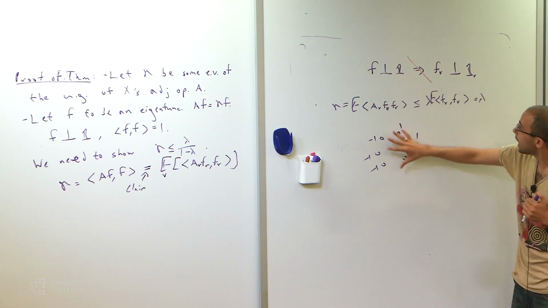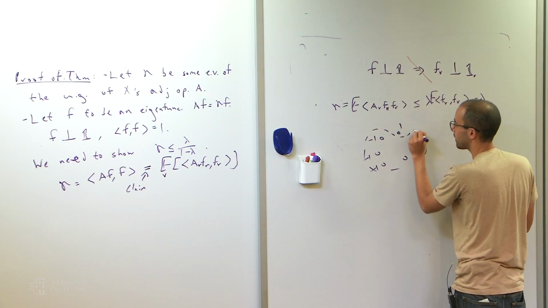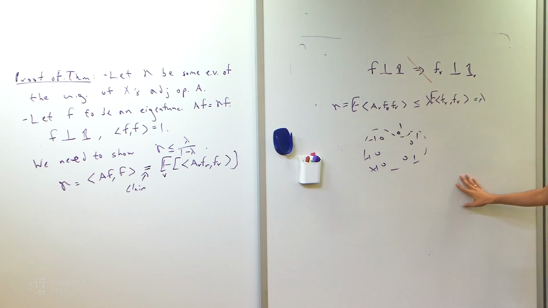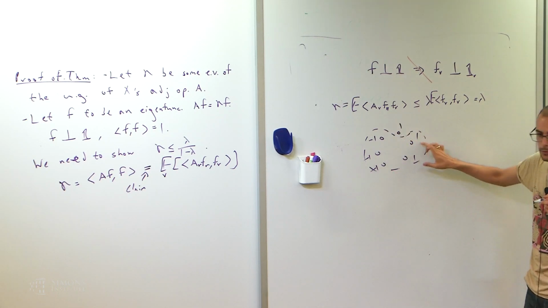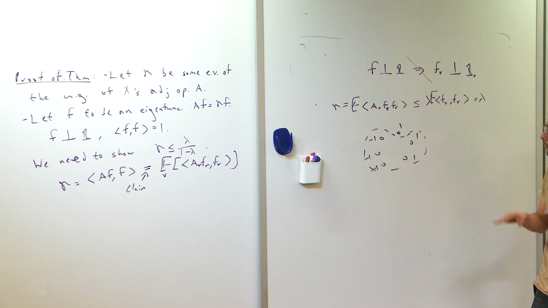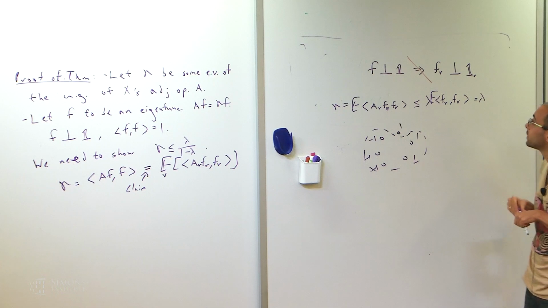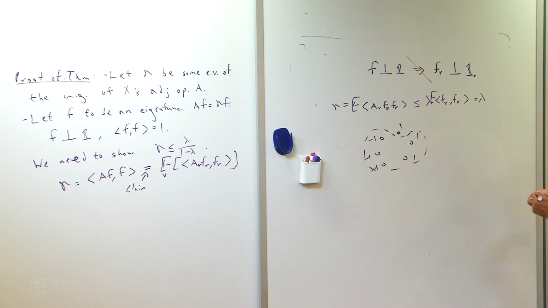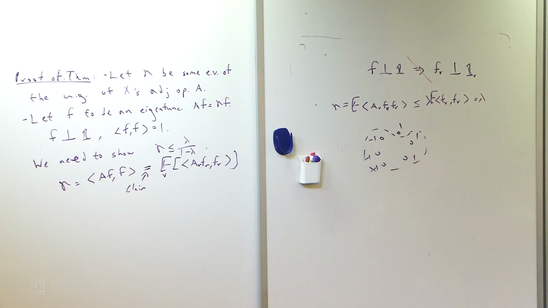However, if I look at a link in the complete complex, it's all the vertices except one. And in this link, even if I was globally perpendicular, locally I have no idea. I can maybe even have some functions that are largely positive and then some largely negative. All I know is that the average is supposed to be 0. So this doesn't hold, and we have no other option than to just consider it in our calculations.